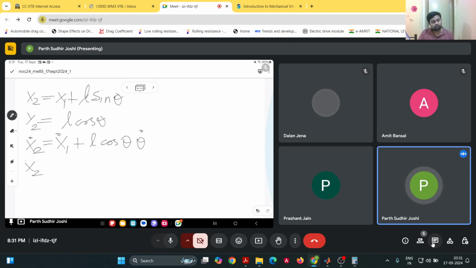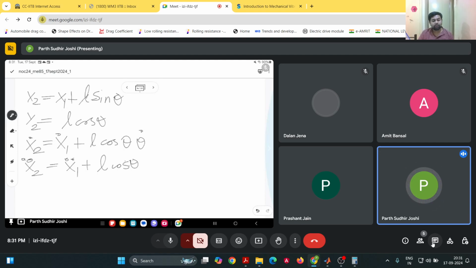Now further, if you want to get x2 double dot, that will be x1 double dot plus L cos theta. Now we can use the chain rule of differentiation here. Here L is a constant, so that will not vary with time.